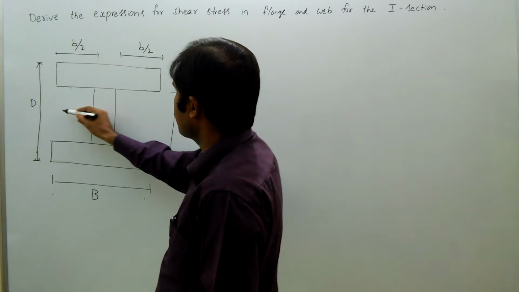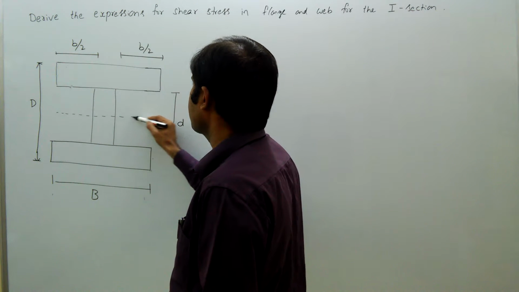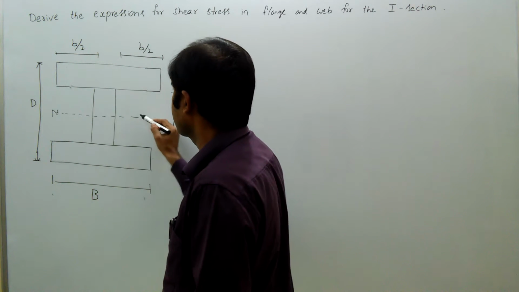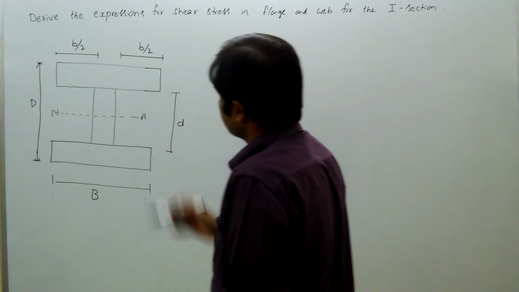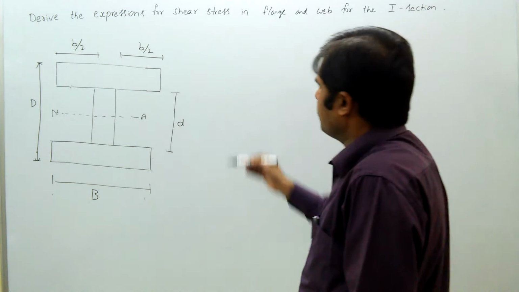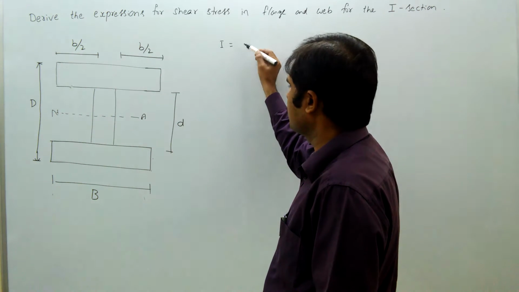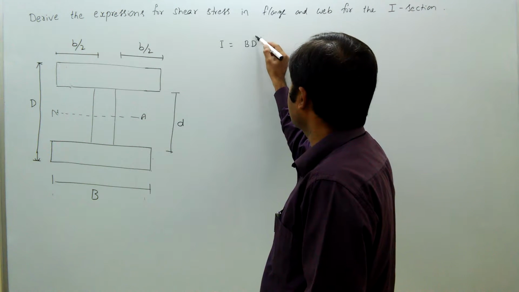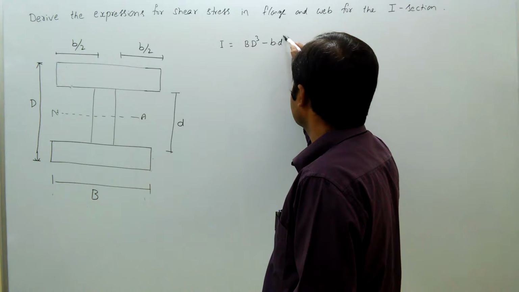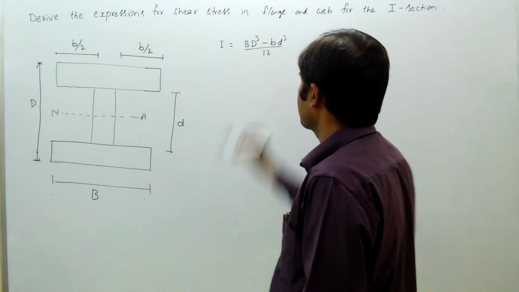Now neutral axis, as it is symmetric about this axis, so we can find moment of inertia I equal to BD cube minus small b into d cube by 12, that is I.